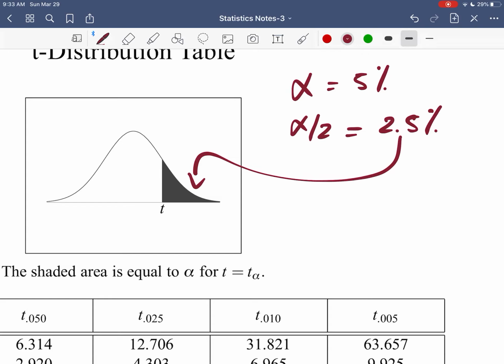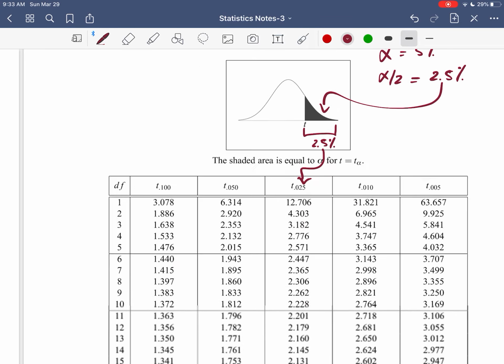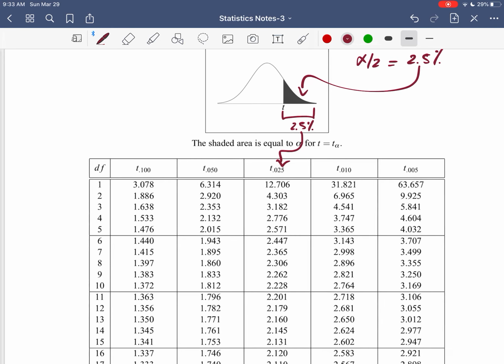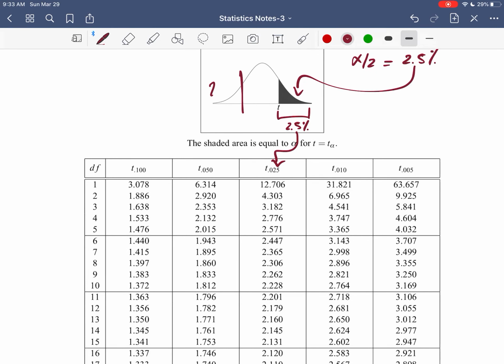That is everything here in this tail. And therefore, I choose this column. This is a symmetrical distribution, so on the other side there has to be another 2.5%. But I don't care, I'm just looking at one side for the moment. Because they're symmetrical, any value I find on the right-hand side will be the same for the left-hand side. So I choose this column, which corresponds to the 2.5% I want in my tail.